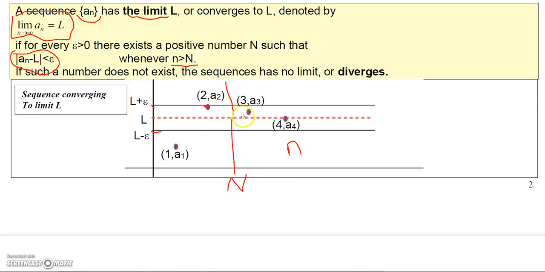But if, once you get beyond that particular number N, all of the terms stay within this epsilon band right here, then the limit exists, and the limit is going to equal this number L. Now, if this sounds familiar, it's because we have a very similar definition for when the limit of a traditional function equaled L as x goes to infinity.